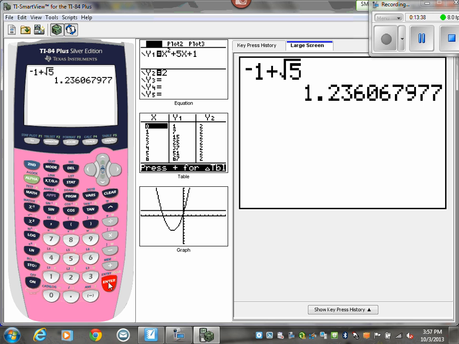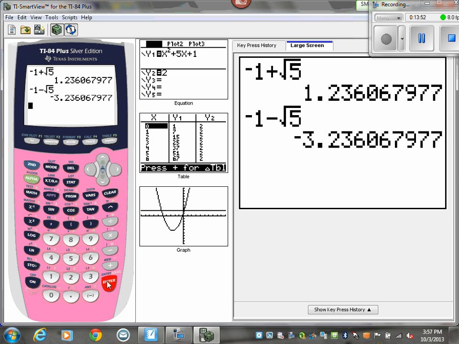So one of my answers is 1.236. And then the other answer is going to be negative 1 minus the square root of 5. And that answer is negative 3.236. You can see some similarities in the decimal places.